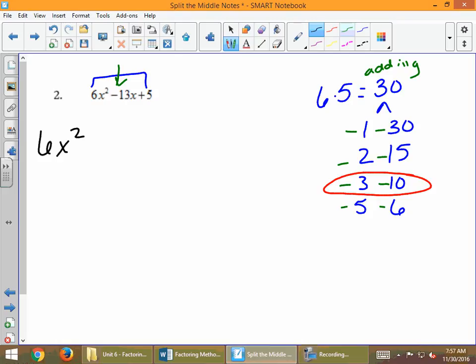Good. Perfect. Very good. You have to make sure you write those x's next to those numbers. Now what method do we use when we have 4 terms?